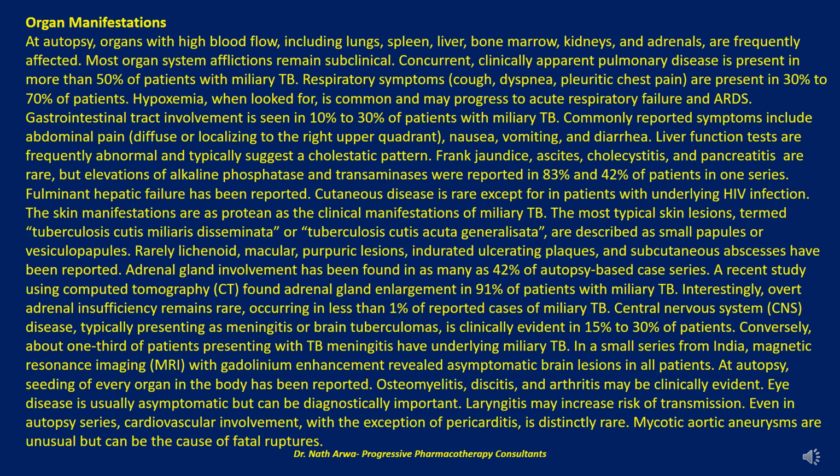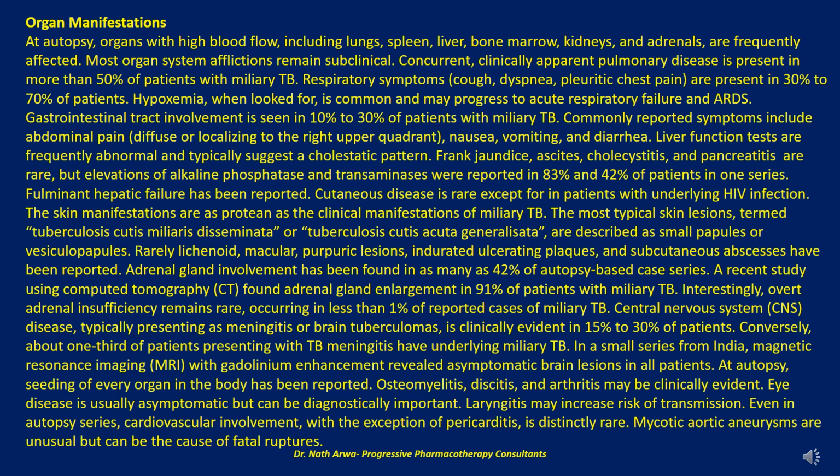Gastrointestinal tract involvement is seen in 10% to 30% of patients with miliary TB. Commonly reported symptoms include abdominal pain, diffuse or localizing to the right upper quadrant, nausea, vomiting, and diarrhea. Liver function tests are frequently abnormal and typically suggest a cholestatic pattern.